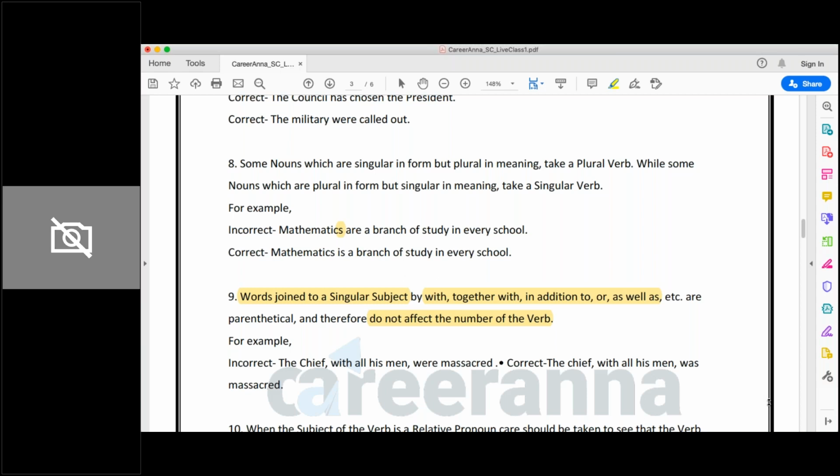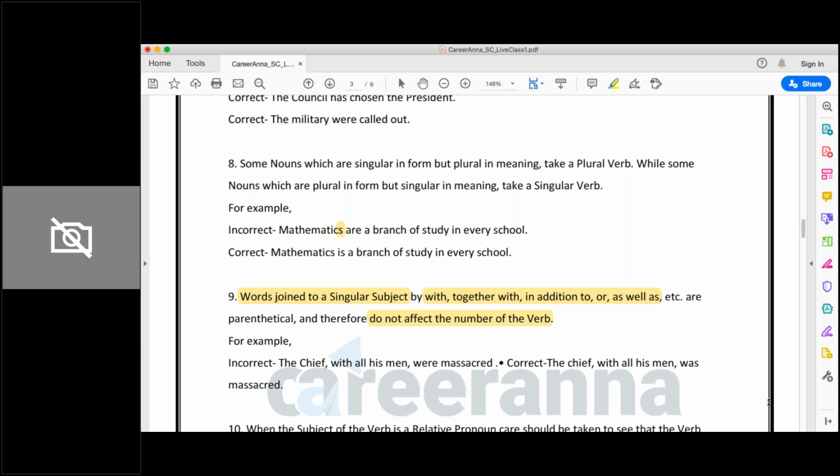Are you getting it? The chief, comma, with all his men. Because with all his men, my word kill is still referring to the first word, that is the chief, which is singular.